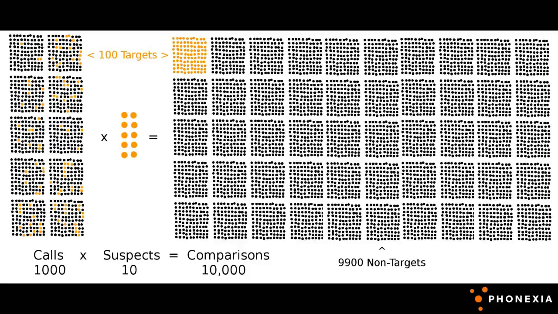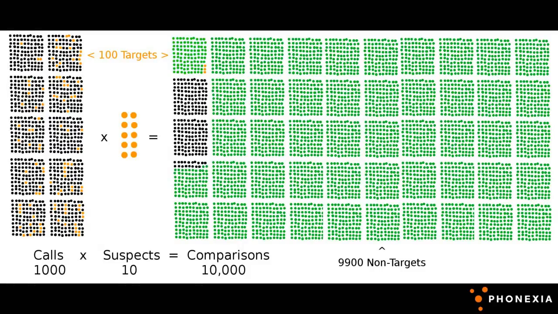Now the equal error rate 2.2% means that 97.8% of the target and non-target comparisons will be correctly identified by the system. It also means that 2.2% of the target comparisons will be falsely rejected as if the caller was not in the database. In this case it would be 2 or 3 comparisons.